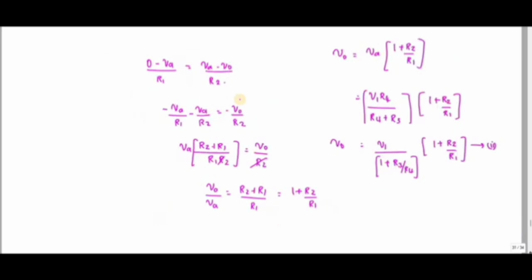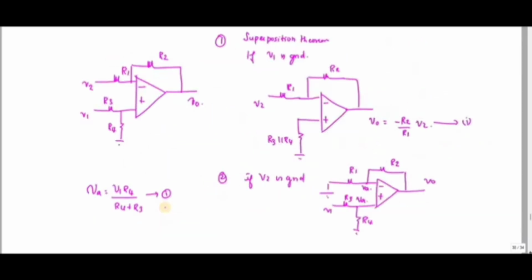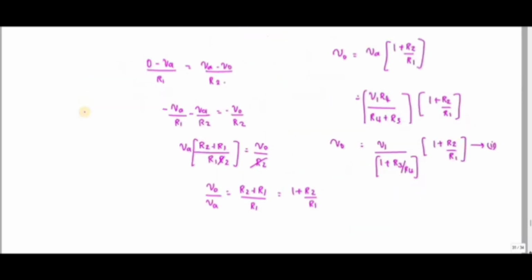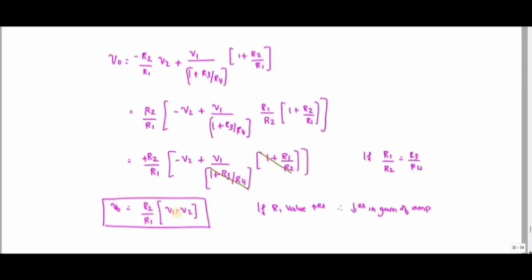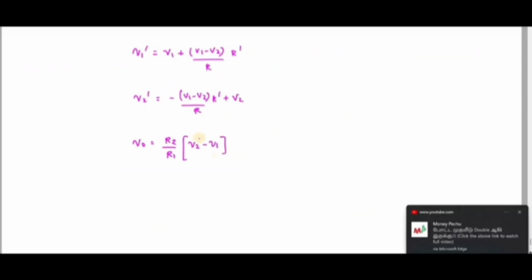So we know the formula for this one. So what is V naught? V naught is equal to R2 by R1. And here it is given as V1 minus V2. Okay. V2 minus V1. So I have taken it as V1 minus V2 here. So you have to consider V naught is equal to R2 by R1, V2 minus V1. Okay. So V naught is equal to R2 by R1 times (V2 dash minus V1 dash).